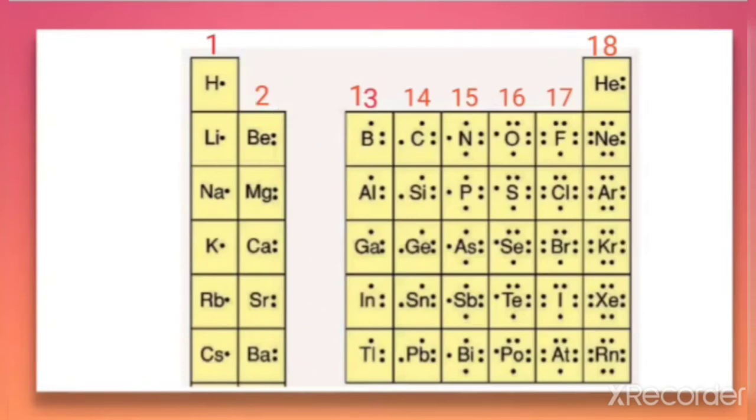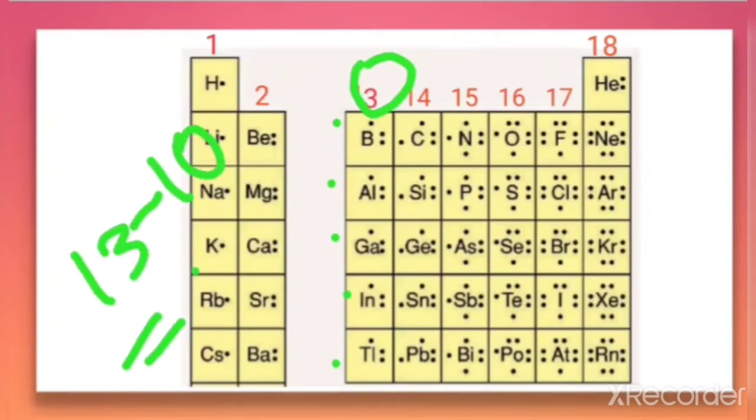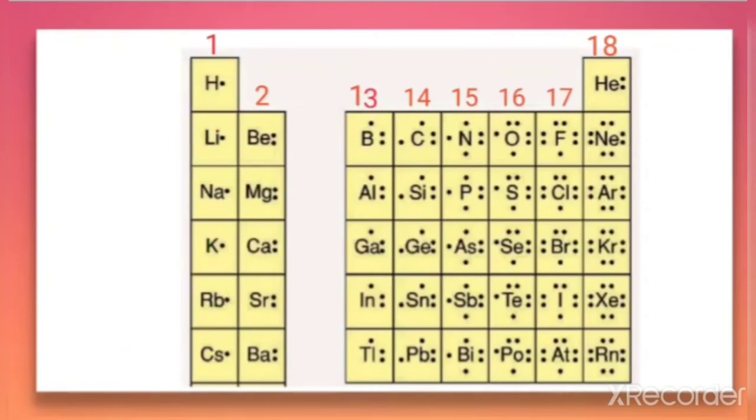13 group: boron, aluminium, gallium, indium, thallium. Here they belong to group 13, therefore 13 minus 10, that is equal to 3. So 3 is the number of valence electrons. Similarly, 14 group has 4, 15 group has 5, 16 group has 6, 17 group has 7, and 18 group has 8 valence electrons.